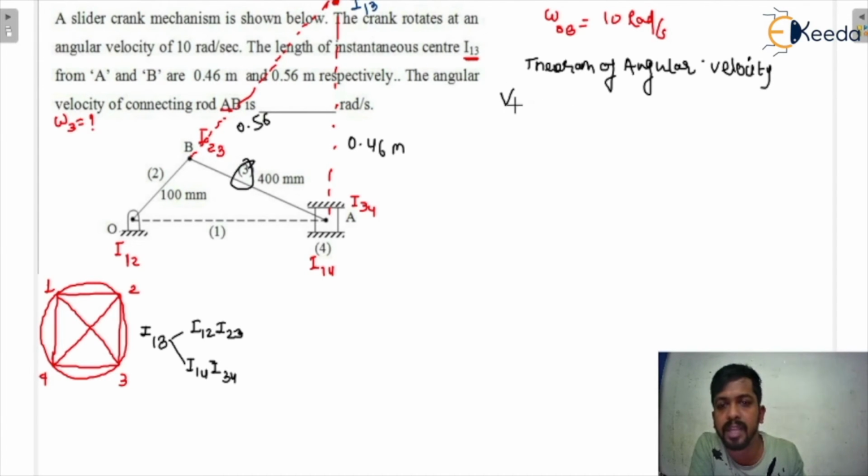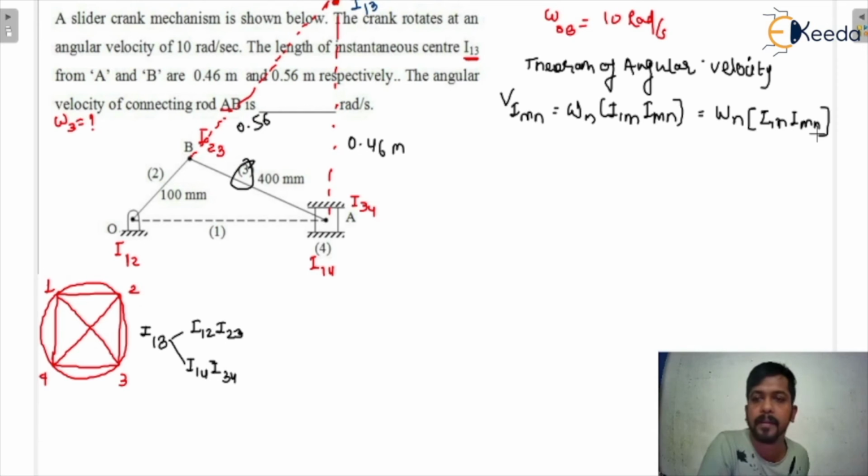We all know that if there is a link instantaneous center IMN that is on link M as well as on link N, then I can write here that omega m multiplied by I1m Imn is equal to omega n multiplied by I1n Imn. So this is basically what the theorem of angular velocity says.